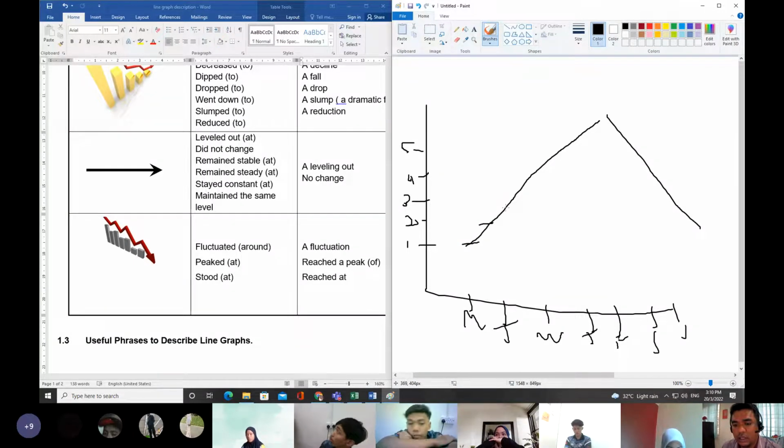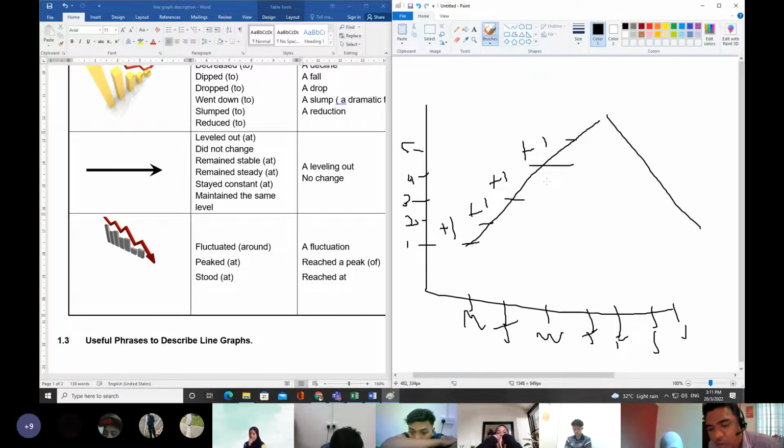Selasa 2, Rabu 3, Khamis 4, Jumaat 5. Means that every single day Timah jual a constant increase of 1 nasi lemak. Plus 1 nasi lemak. So hari ni 1, esok 2, lusa 3, Khamis 4. So there is a constant increase of sale.